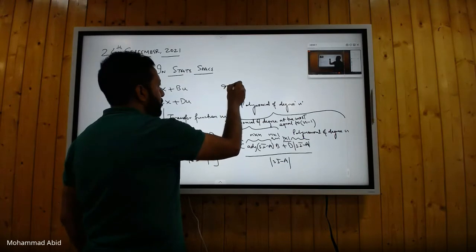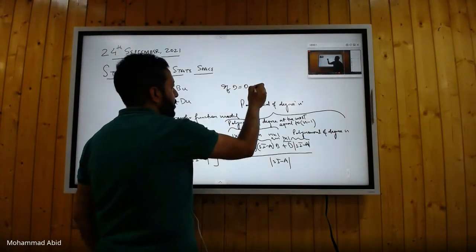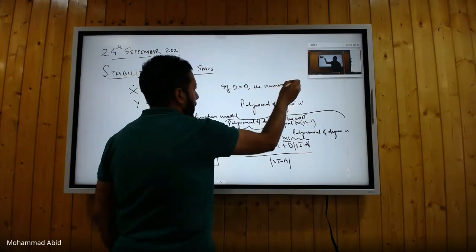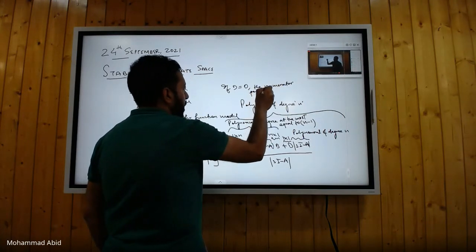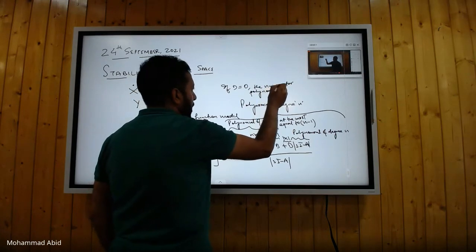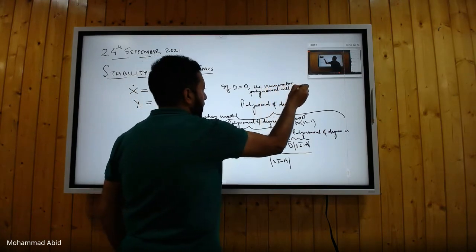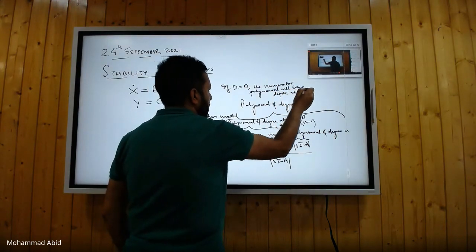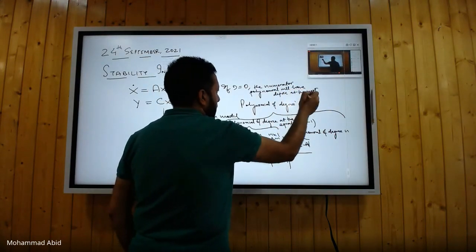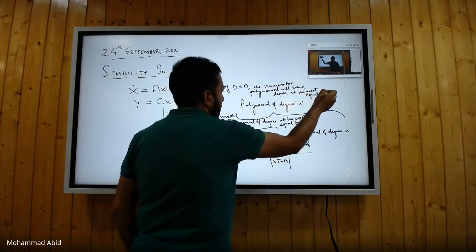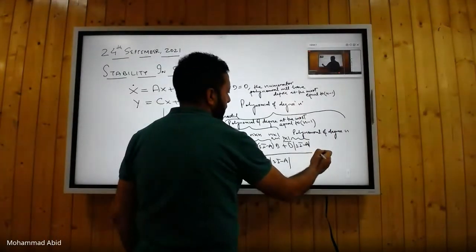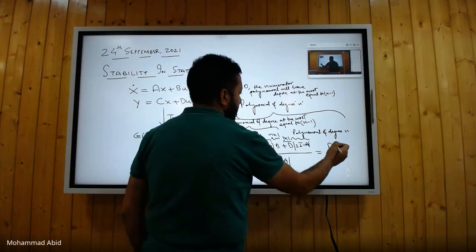So in the numerator, you get a polynomial which we can call, let's say, P(s).